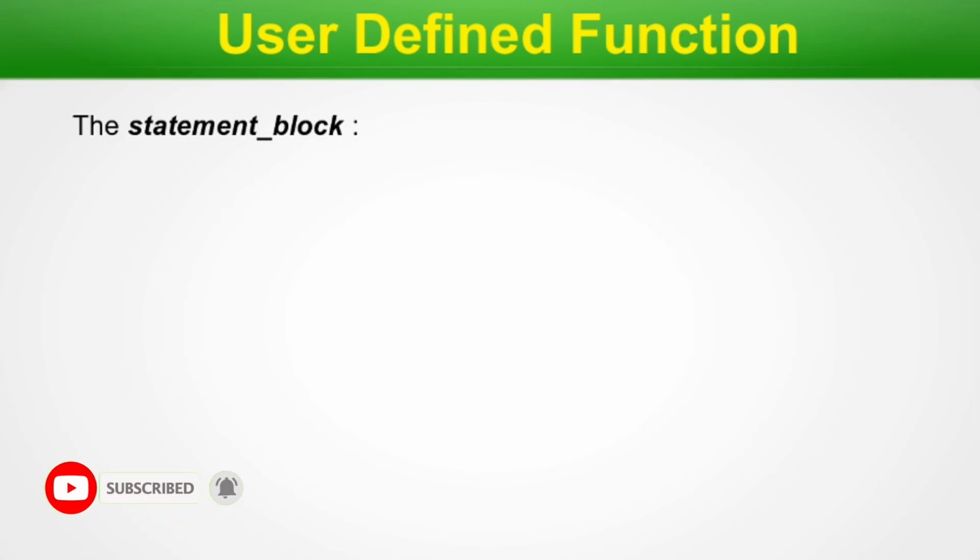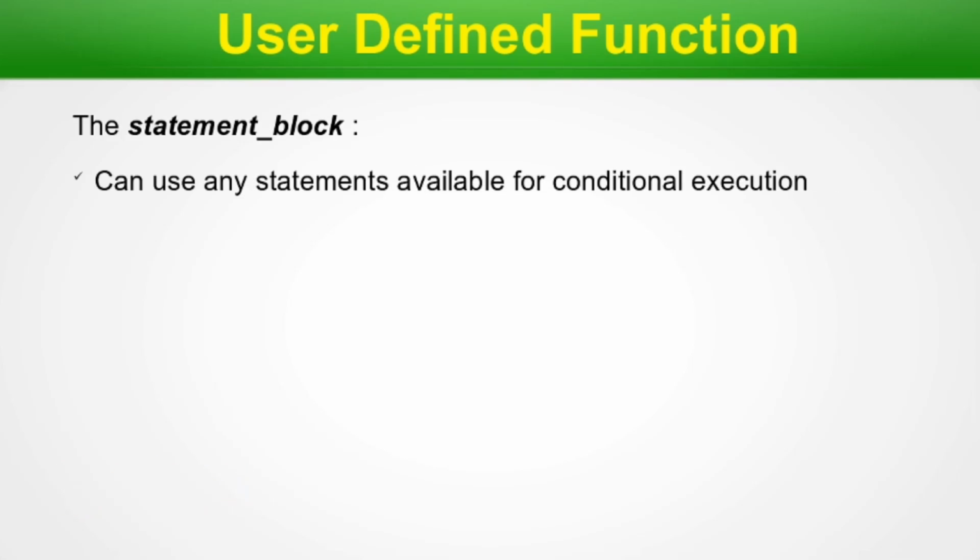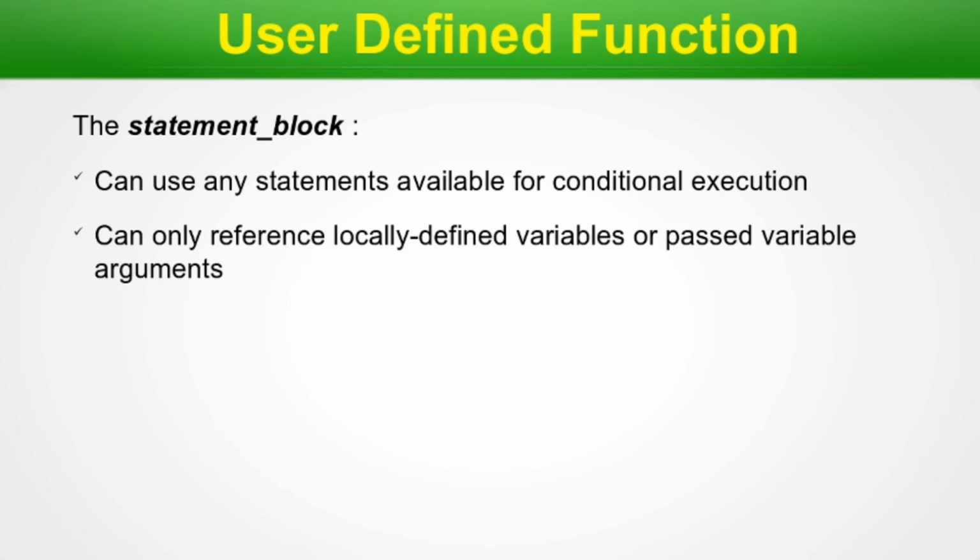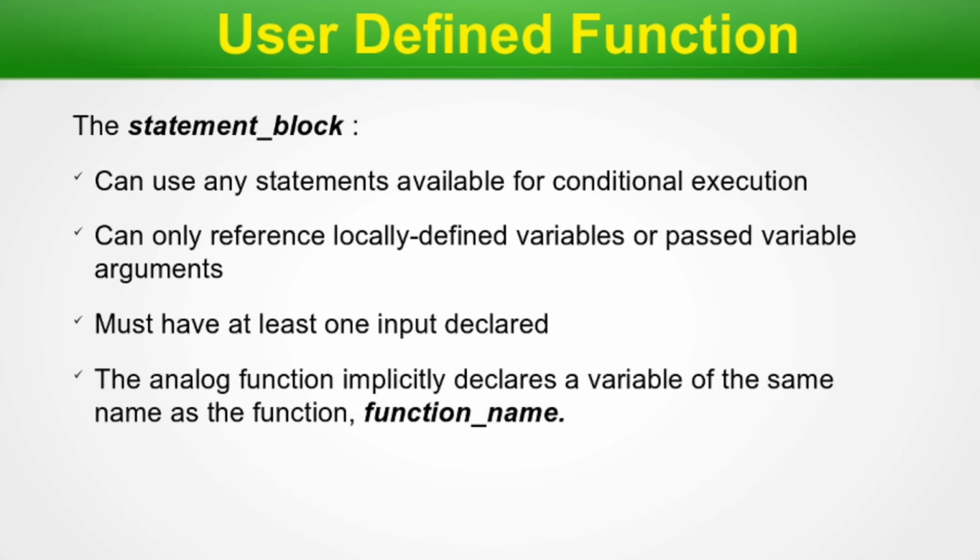The statement block, let's look, can use any statements available for conditional execution, and can only reference locally defined variables or passed variable arguments. It must have at least one input declared. The analog function implicitly declares a variable of the same name as the function, that is the function name.